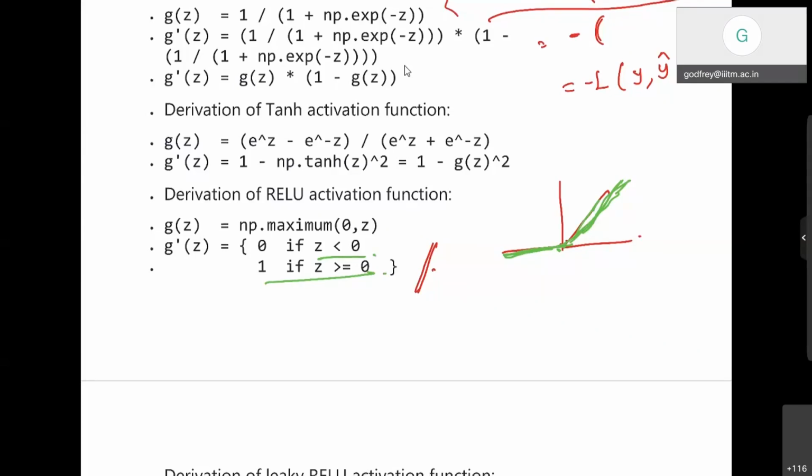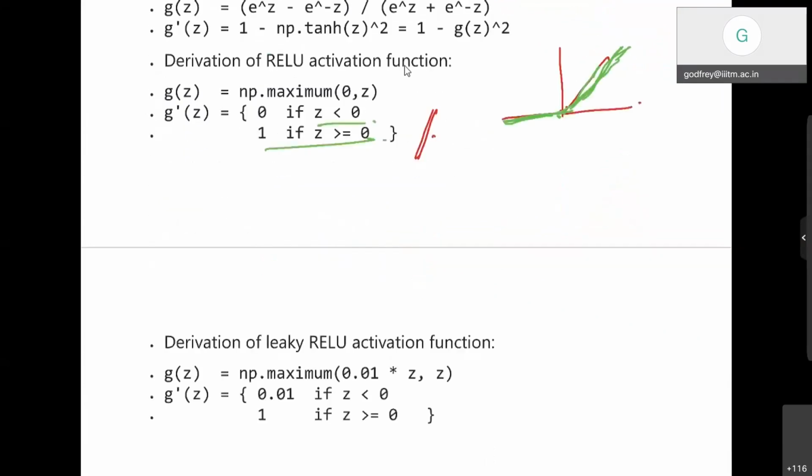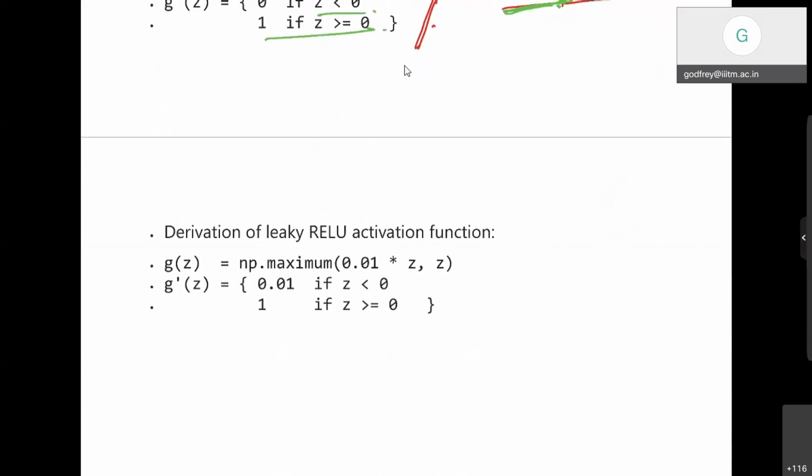Similarly, we can see with respect to leaky ReLU also. What is the leaky ReLU function? If it's less than 0, you have 0.01 into z.